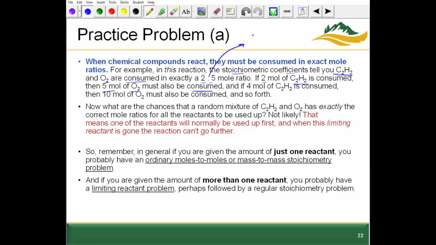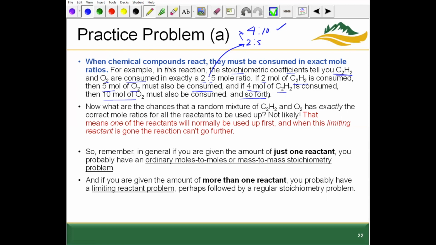So 2 to 5 mole ratio, what about a 4 to 10 mole ratio? This also holds true. For every 4 moles of C2H2, 10 moles of O2 are consumed. So you have that 2 to 5 ratio, that's equivalent to a 4 to 10 ratio, and so on and so forth.